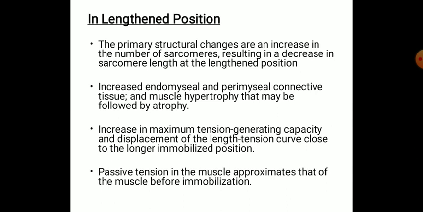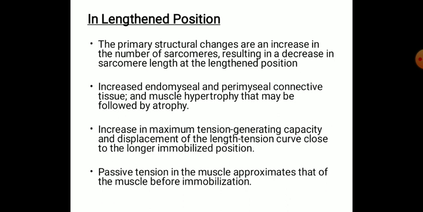So as I said, in the shortened position some amount of atrophy can happen, but following that atrophy there can be hypertrophy. Hypertrophy means an increase in the normal size of the particular structure. So in this case the hypertrophy can follow an initial atrophy stage.